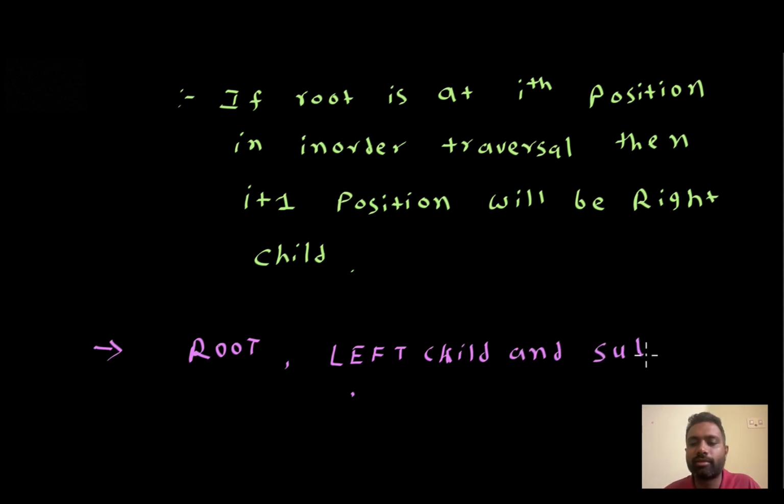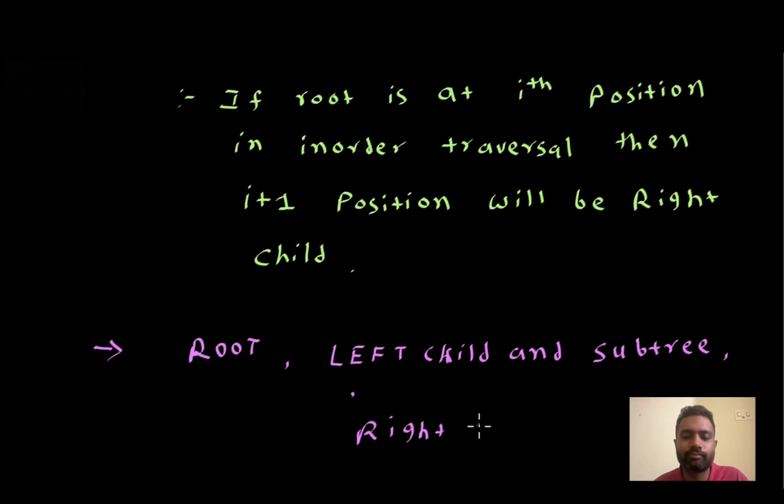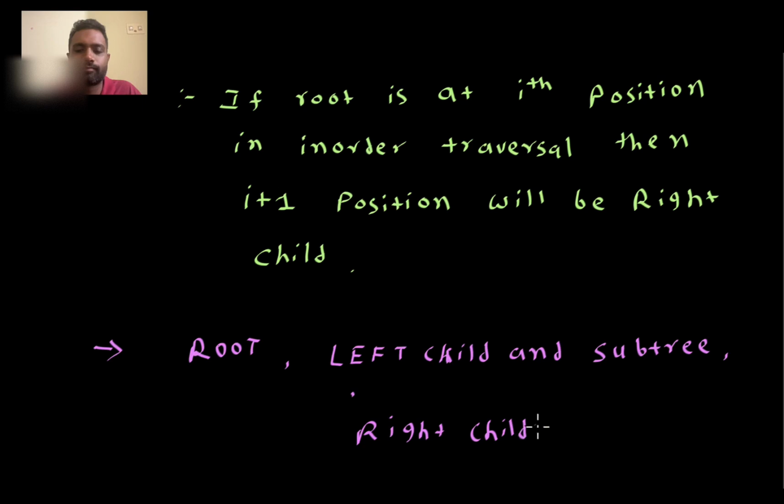All the nodes in the subtree I could identify. Then I could identify right child and right subtree also. So if Inorder and preorder are given, these three things I could identify. So that will be like a first level of exploration.